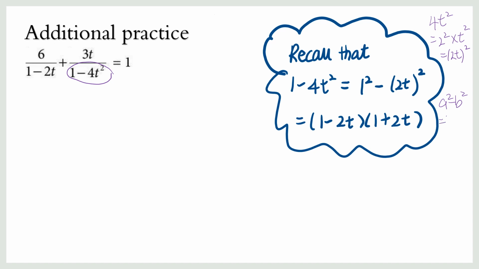That gives you a minus b multiplied with a plus b. So in this case here, your 1 is the value that you can substitute for a in the algebraic identity, and you can substitute 2t as the value for b in the algebraic identity. So you end up getting 1 minus 2t and 1 plus 2t.